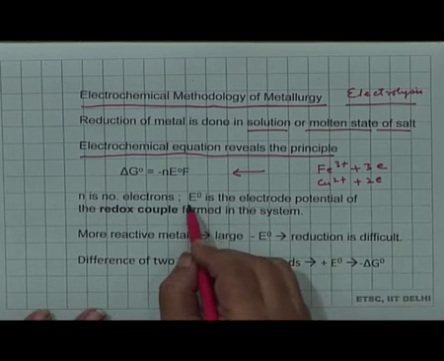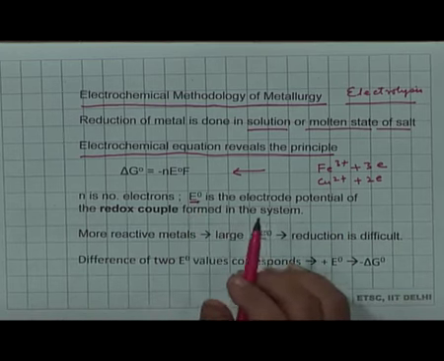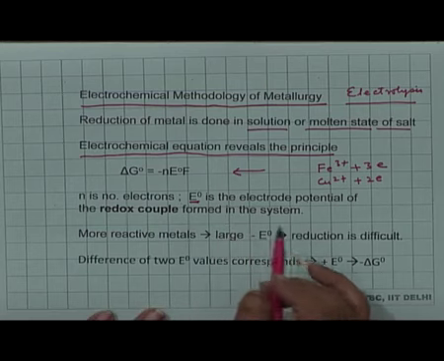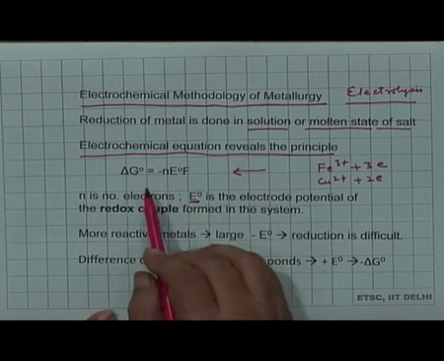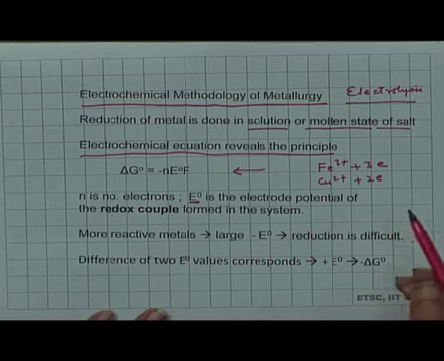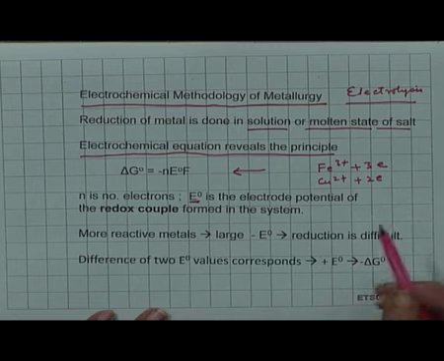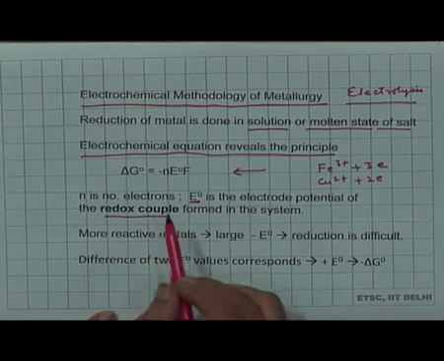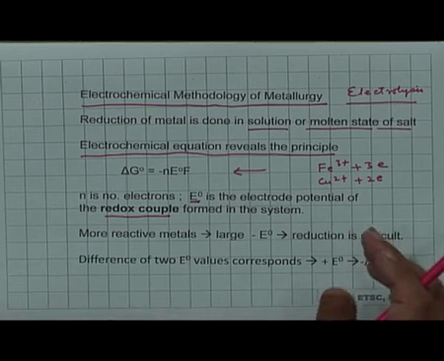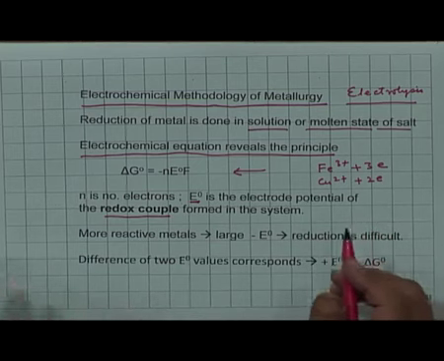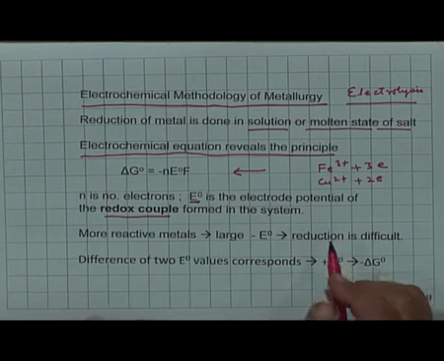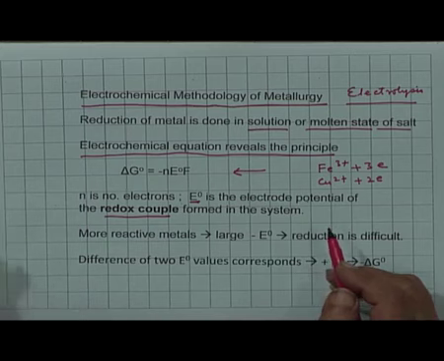Now, this E0 is very crucial for the electrochemical methodology of metallurgy, because if this E0 is negative, then delta G0 will become positive and the reaction will not be feasible. E0 is for the redox couple formed in the system, because whenever there is electrolysis, at one electrode electrons are produced and at another electrode electrons are absorbed.